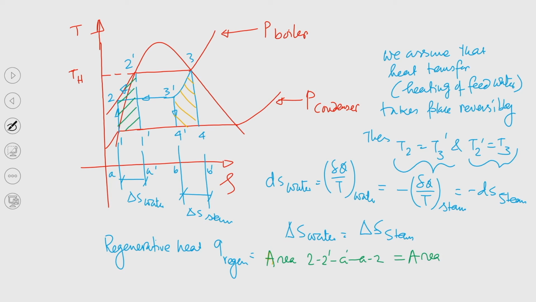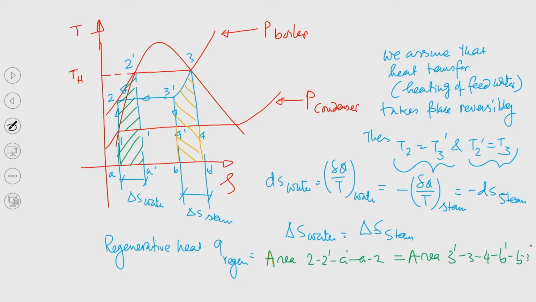Let me hatch this part again. So, this is the area and also, this is the area. Okay. So, now the area is 3 prime, 3, 4, B prime, B. So, this is the area B prime, let me write 3 prime.